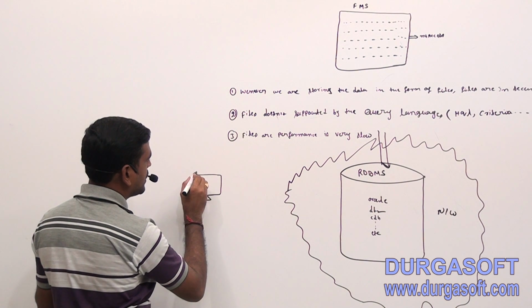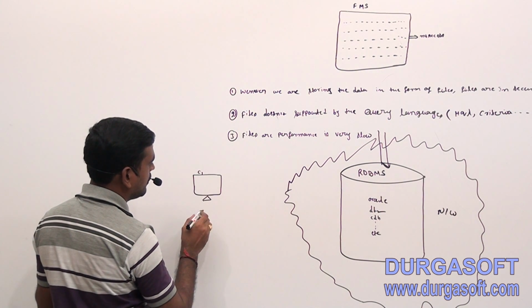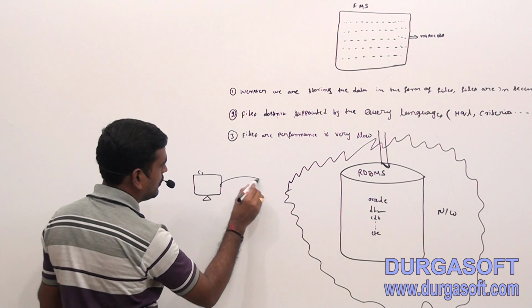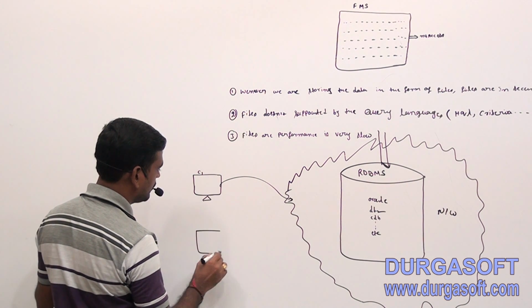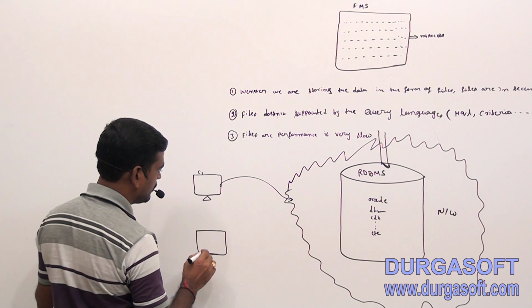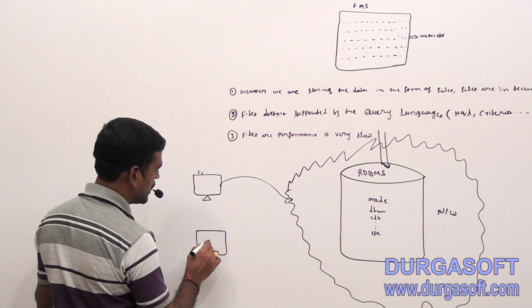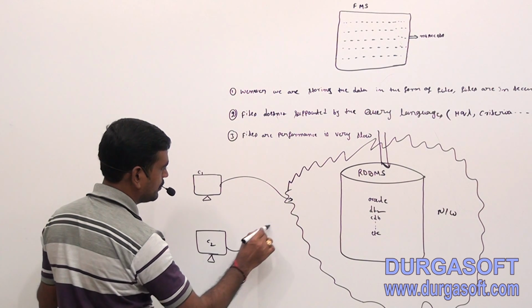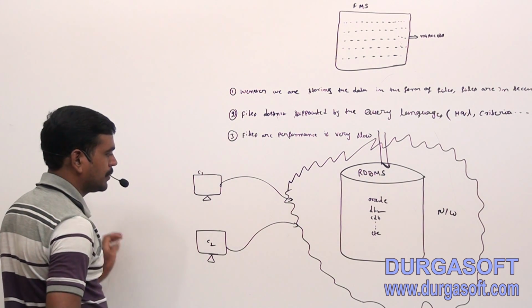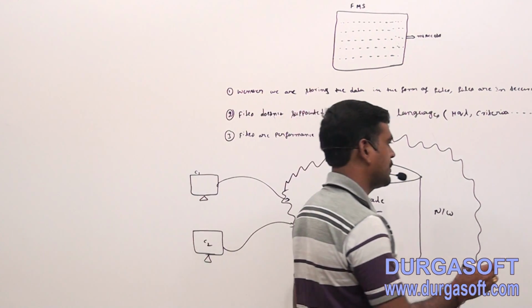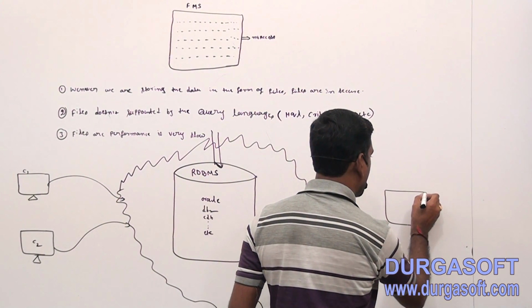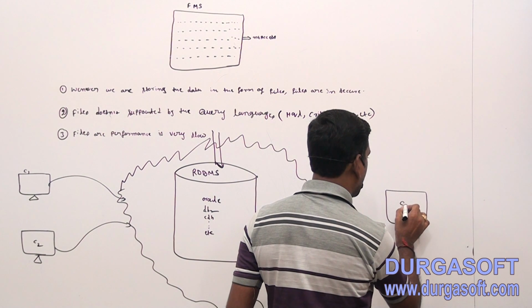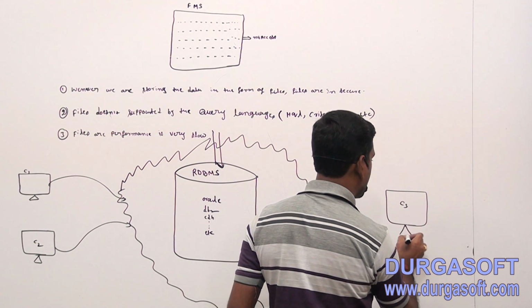Now this is C1, they are communicating. This is C2. The next, like this, different people are communicating with that database at a time, directly.